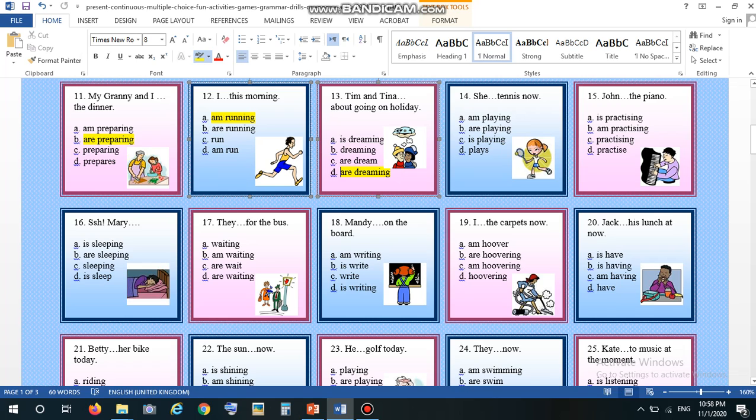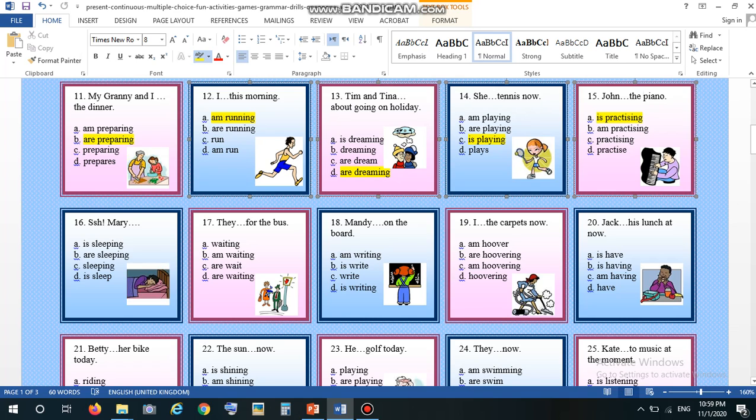So she takes is and the main verb. She am playing, are playing, is playing, plays, and we have now, so it's going to be is playing. Excellent. John the piano. So is practicing, or practice. John, he takes is, so is practicing. Excellent.